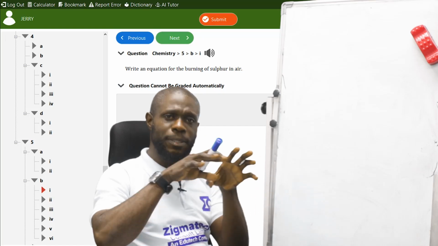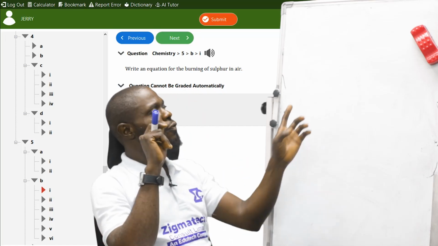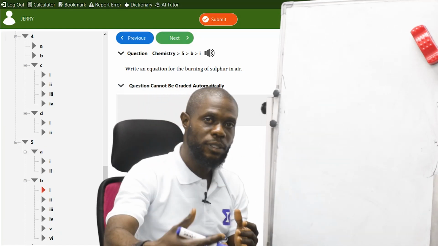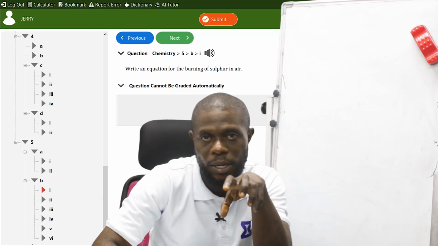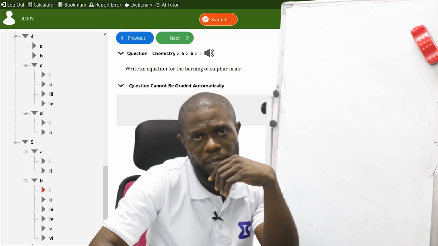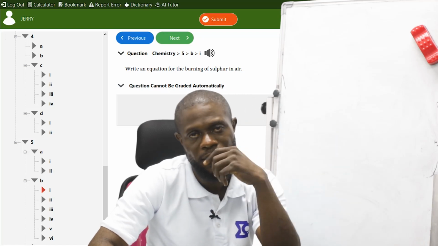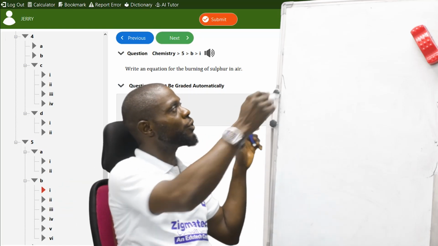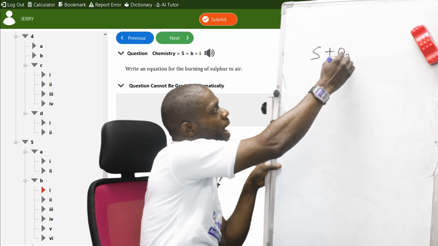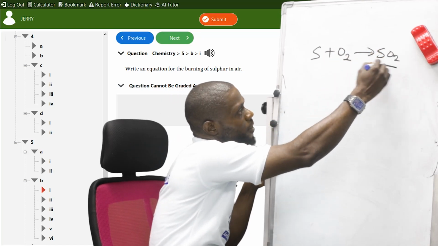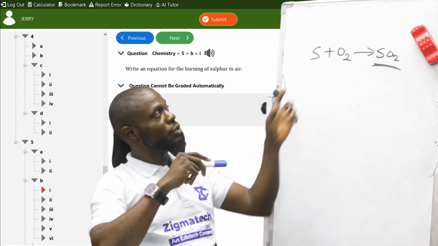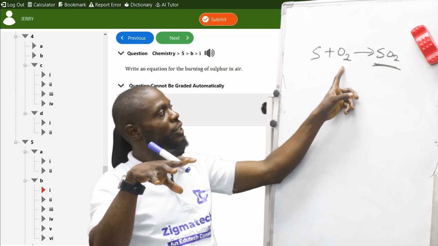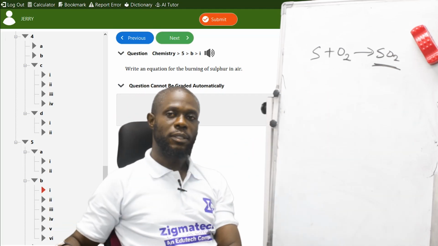Anything that burns reacts with oxygen. Oxygen enhances burning. So sulfur will react with oxygen gas to create sulfur dioxide. That is the equation.